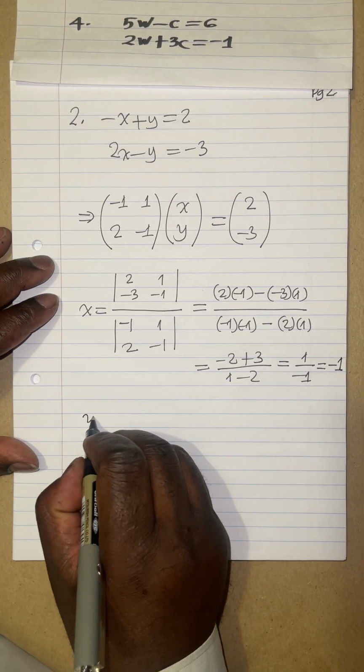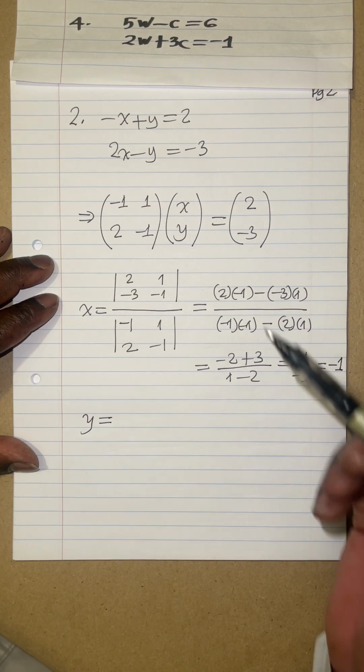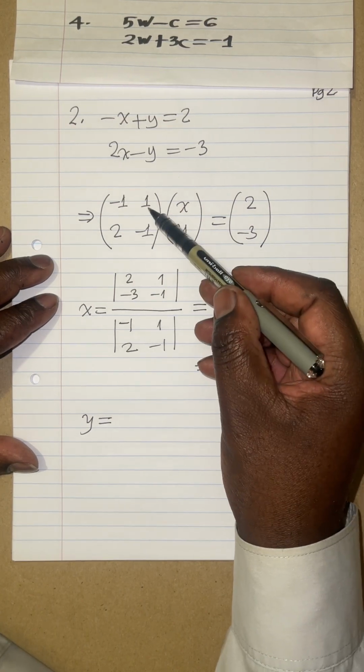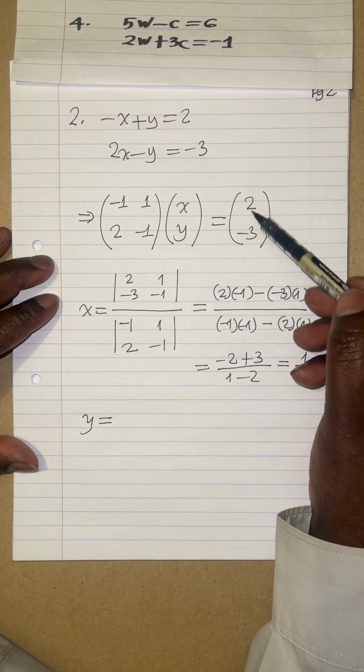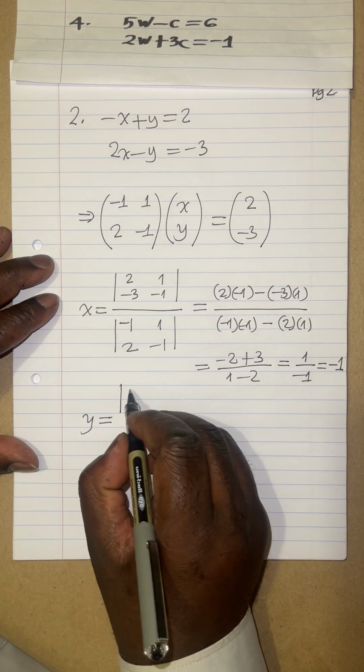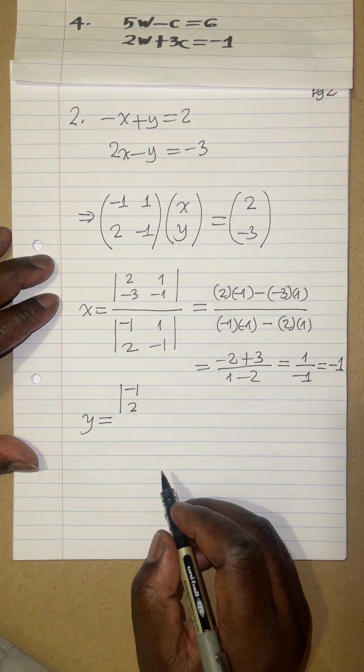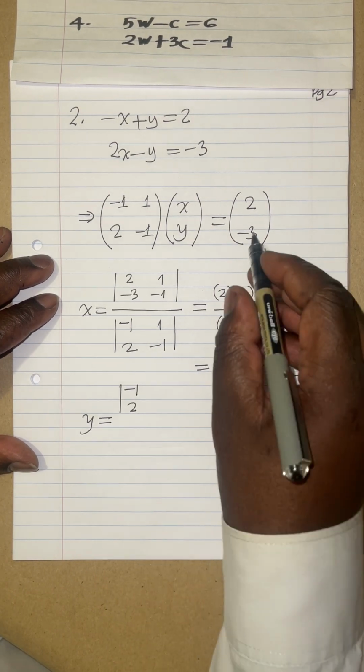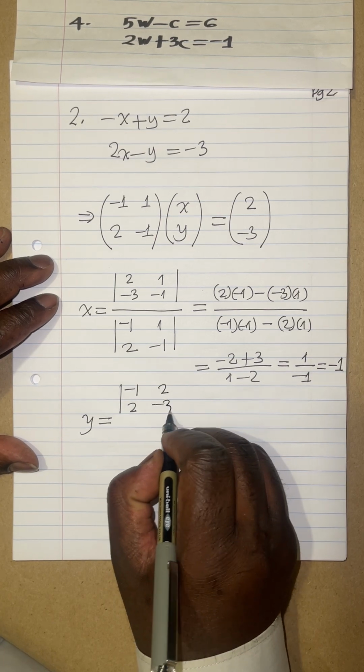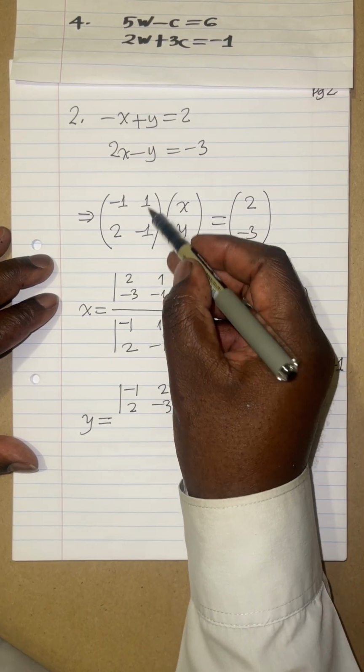Working out the value of y, repeating the same process, but this time we have to replace the coefficients of y with these ones here. So we have now minus 1, 2, the coefficients of x remain the same, but now we have 2, minus 3 there, replacing the coefficients of y.